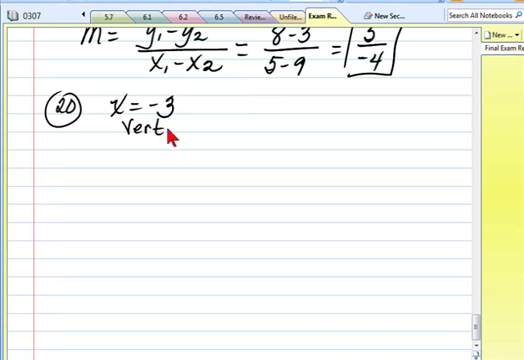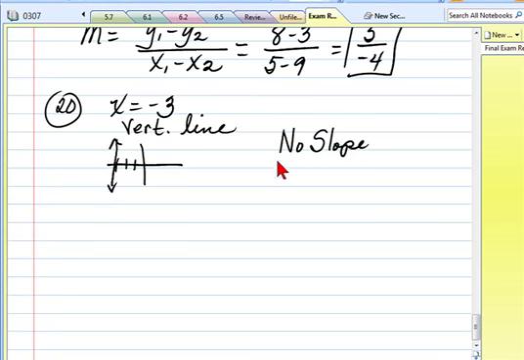So this is a vertical line, and you can envision it. You don't have to write that down. You don't have to graph it, but this is the line cutting through the x-axis at negative 3. What is the slope of that line? I'm seeing some negative head nods. There is no slope. I think it's usually called undefined.